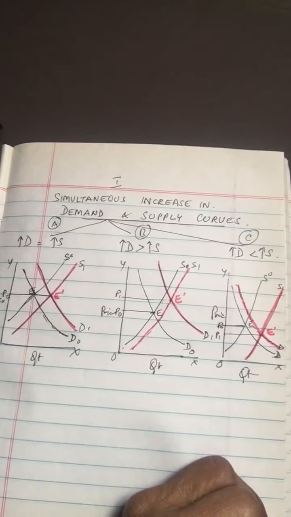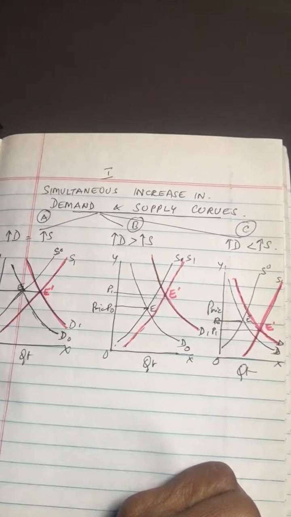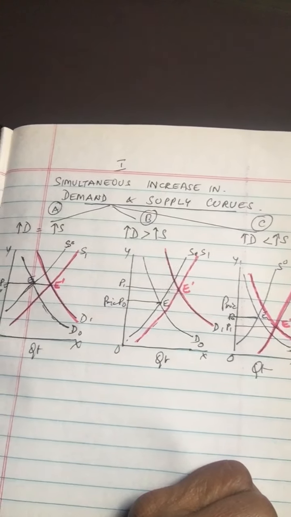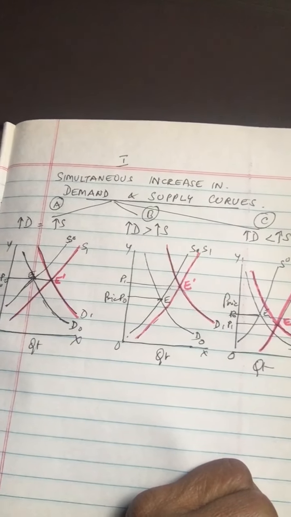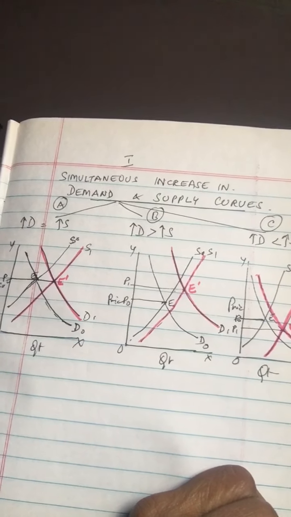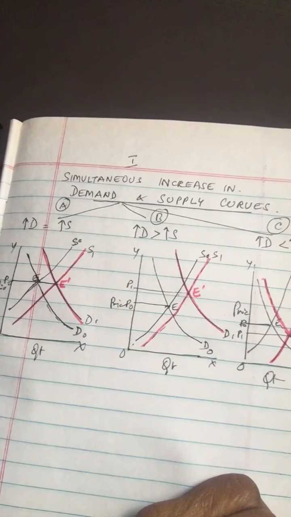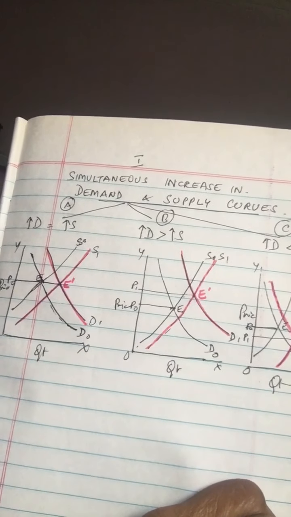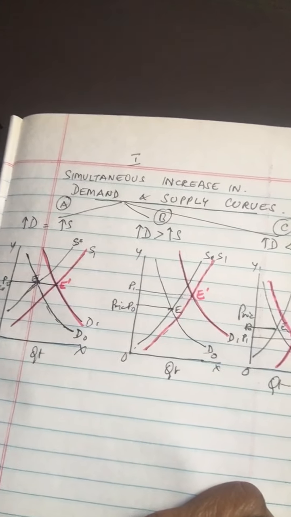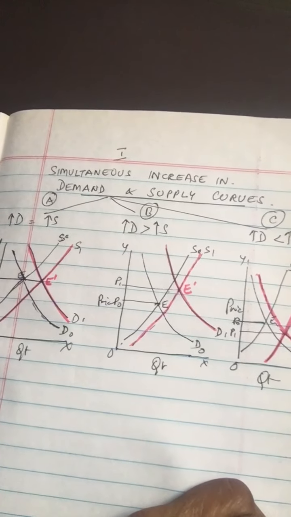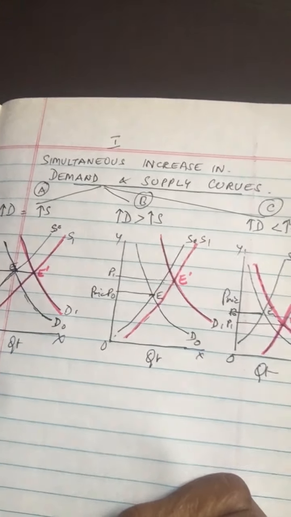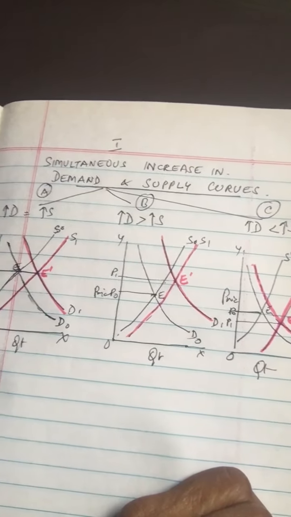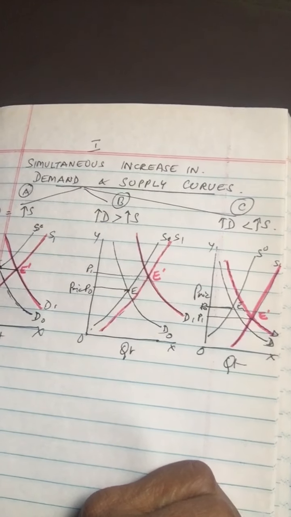It's not just that you draw these, but remember, when you draw a diagram of demand and supply, you must first put the equilibrium, and then when you draw the new one, you must again put the new equilibrium. Otherwise, if you leave the equilibrium then and there, there's a lot of confusion because it cuts at more than one place.